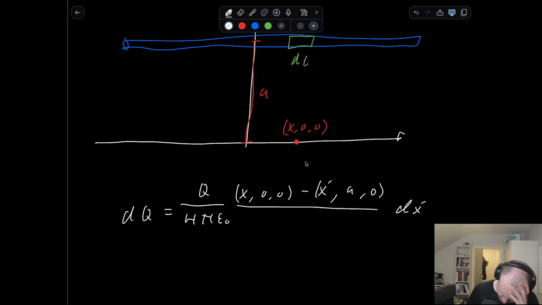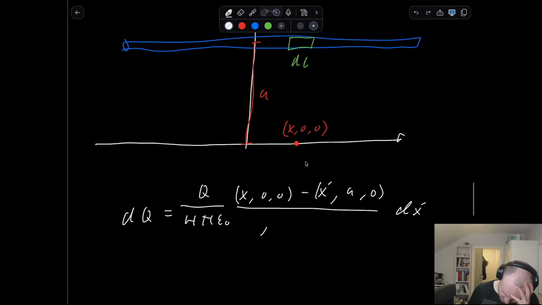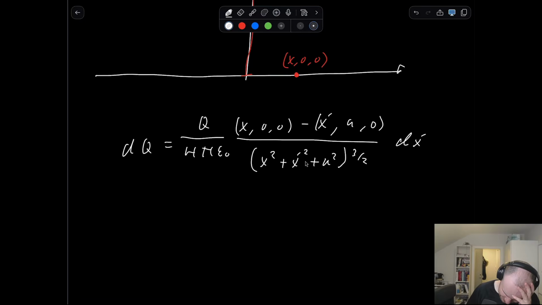Then we have all of this to the power 3 over 2, with x squared plus a squared. Is that correct? That seems a bit silly, but that's the way it is. Then we have q, 4 pi. I may have gotten ahead of myself.